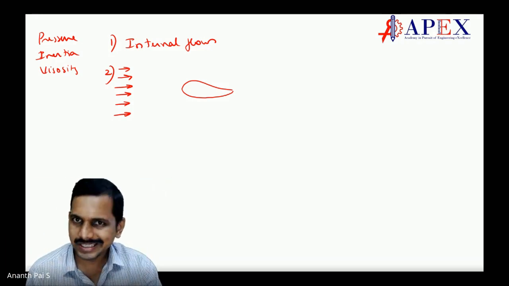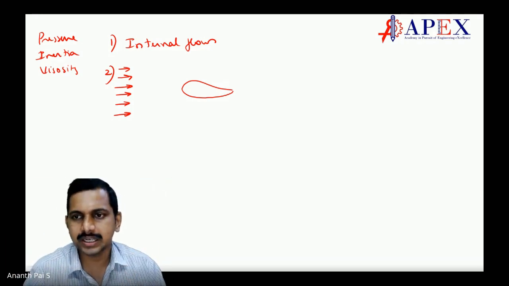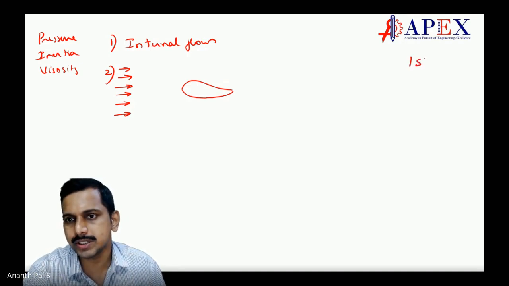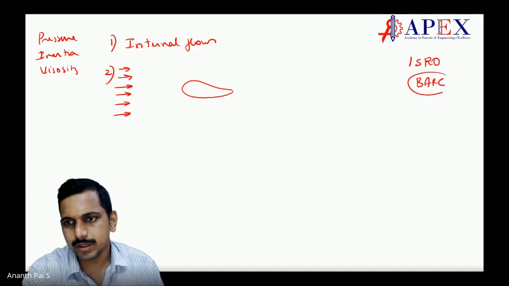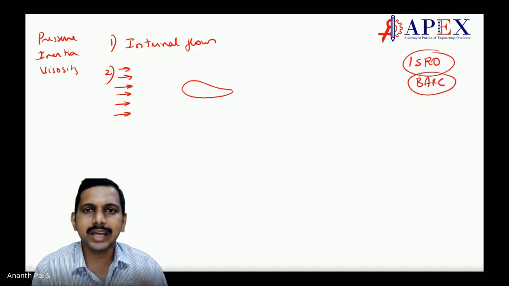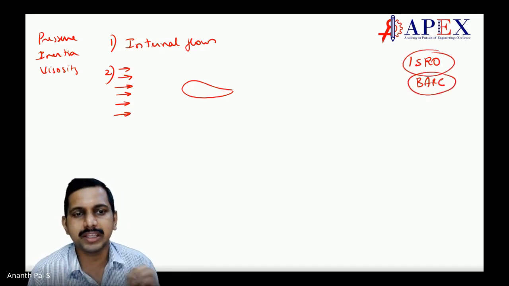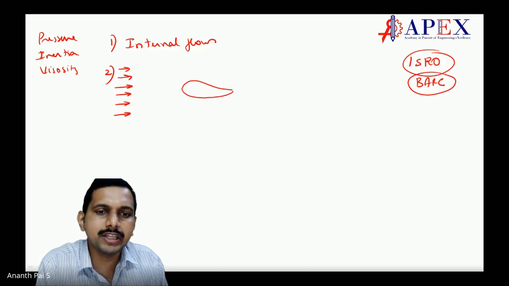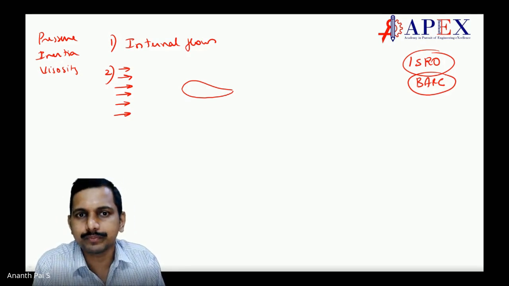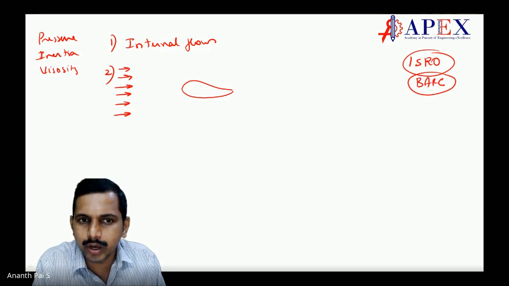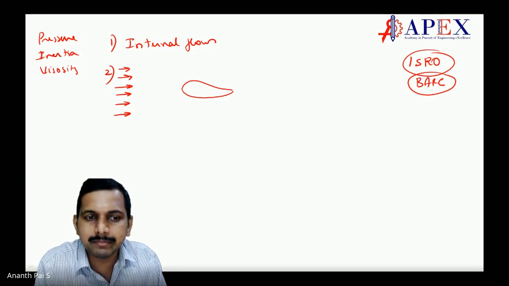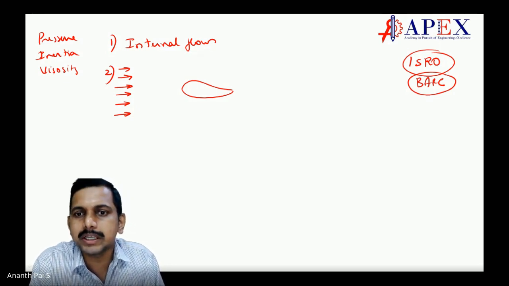This is the type of questions that comes in the ISRO exam. I know, students, you are preparing for the ISRO BARC exam also. So here you have to get an idea of where the places are where they can be applied. So when there is a flow across an airfoil, it is important that the compressibility of air is less.